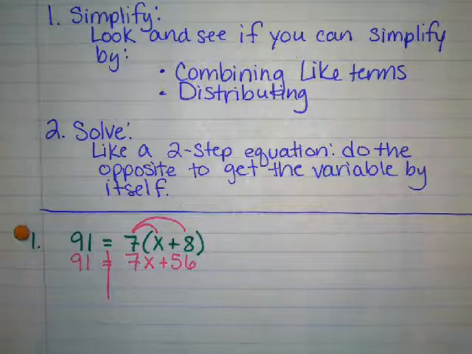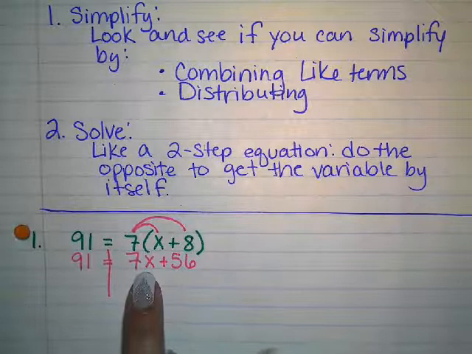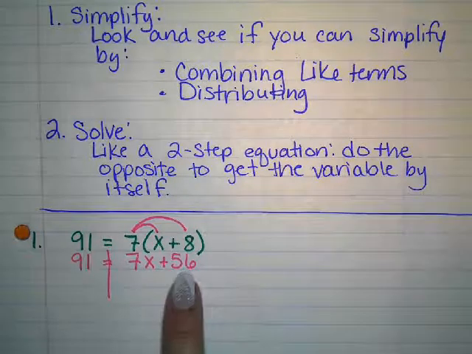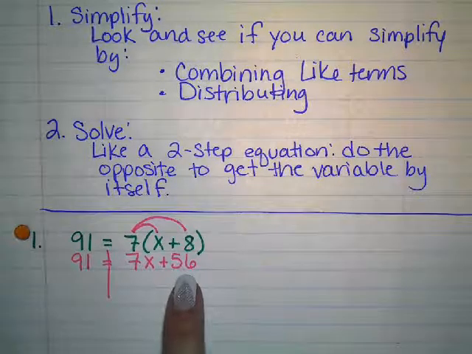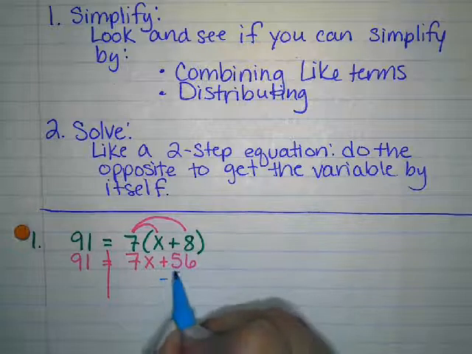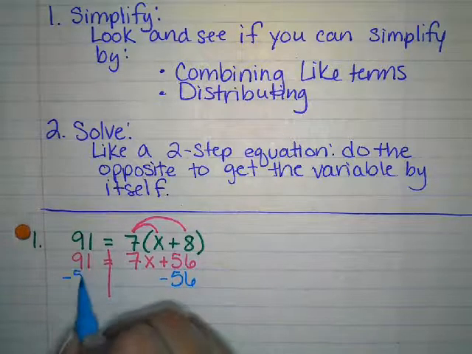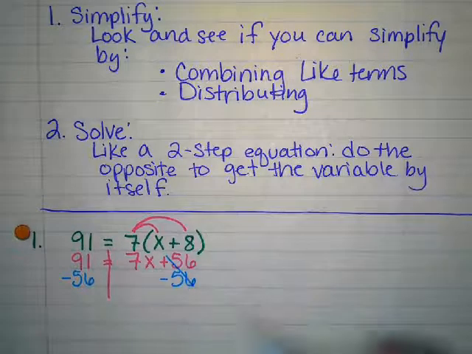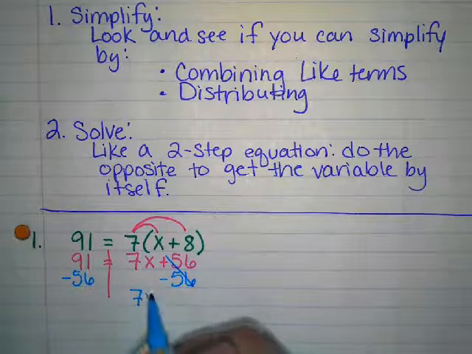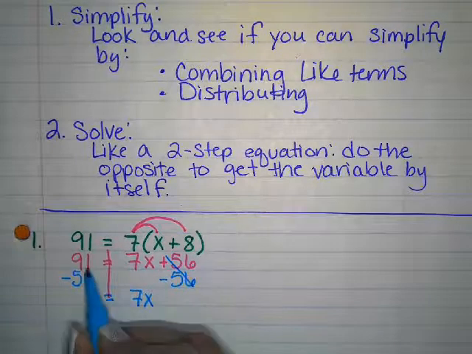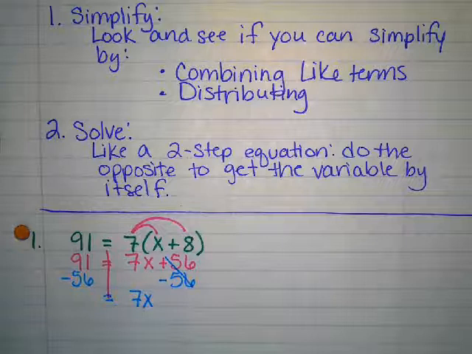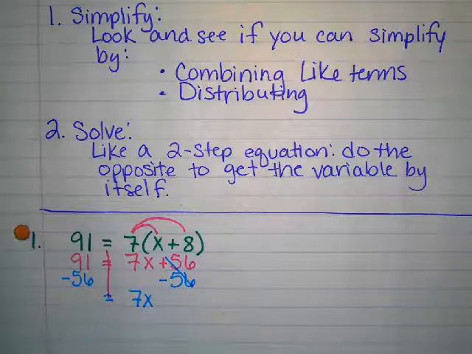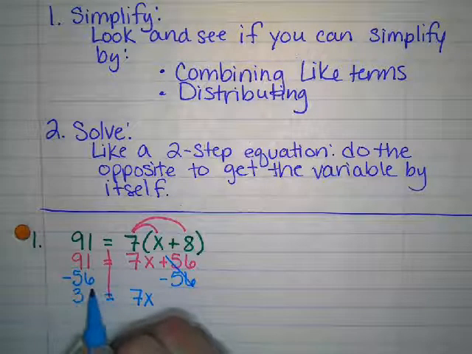So just like we did in the last lesson, we want to get x by itself. The last thing being done to x is this 56 that's being added. So the opposite would be to subtract 56 from both sides. We're left with 7x is equal to 91 minus 56 gives me 35.